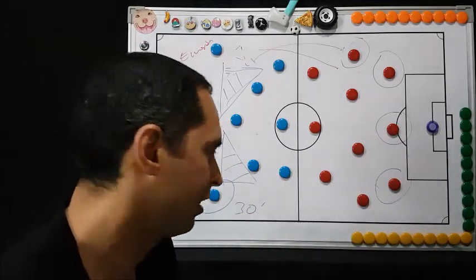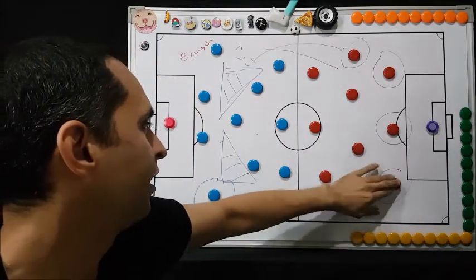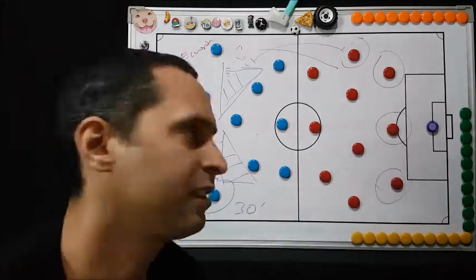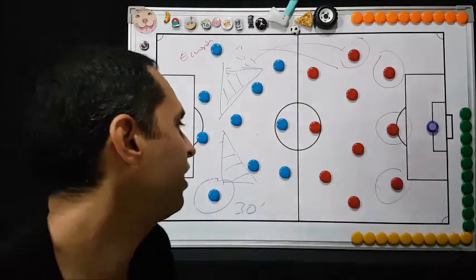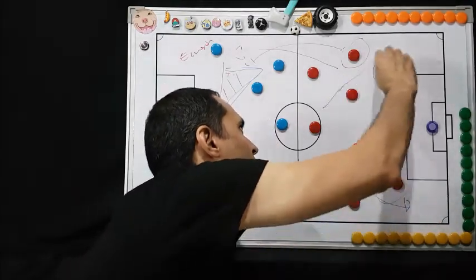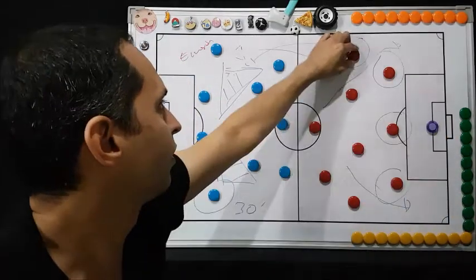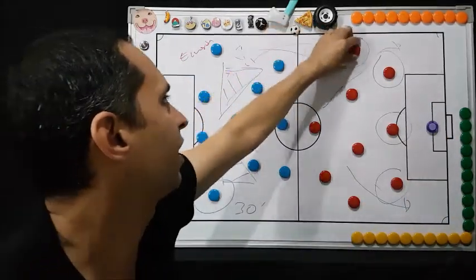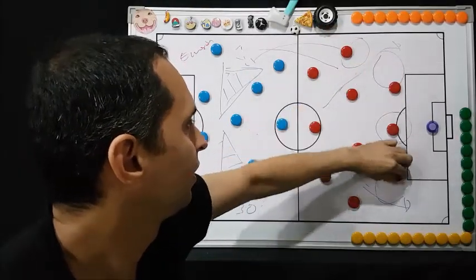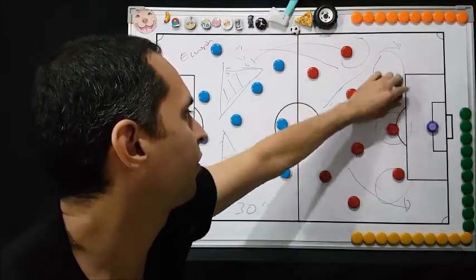And then another thing that they did wrong is that usually when you play against a team with a line of 3, most of the time the weak point is coming through the guys that are on the side, the defenders on the extreme of the line of 3.